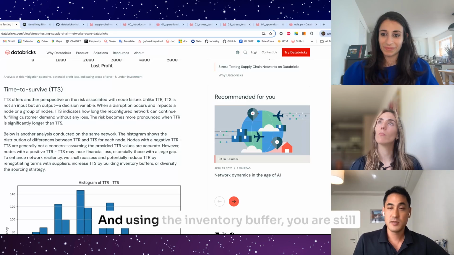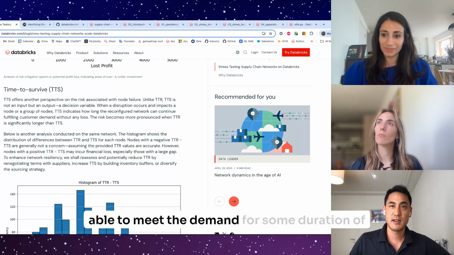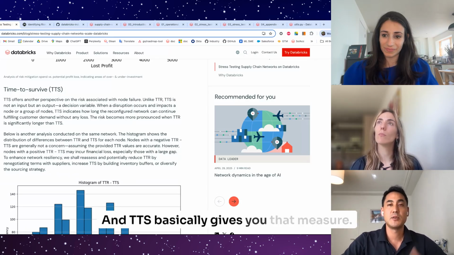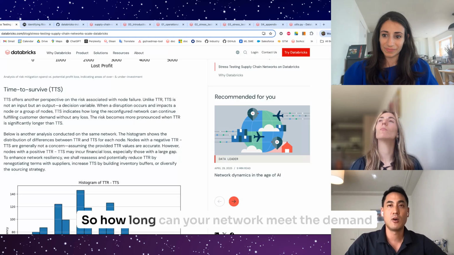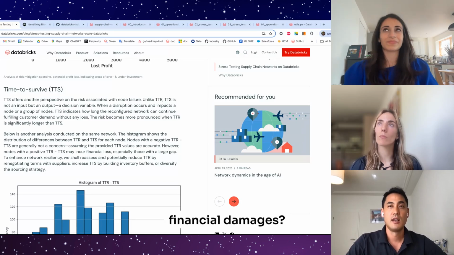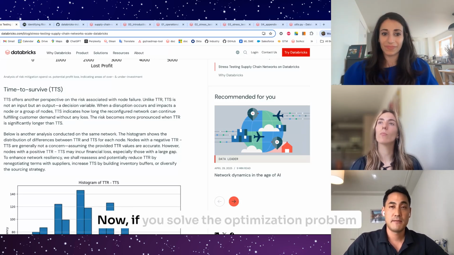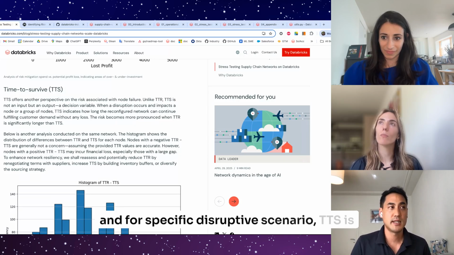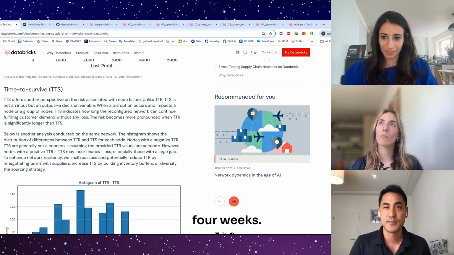And using the inventory buffer, you are still able to meet the demand for some duration of time. TTS basically gives you that measure. So how long can your network meet the demand without incurring any financial damages? Now, if you solve the optimization problem, and for a specific disruptive scenario, TTS is 4 weeks.